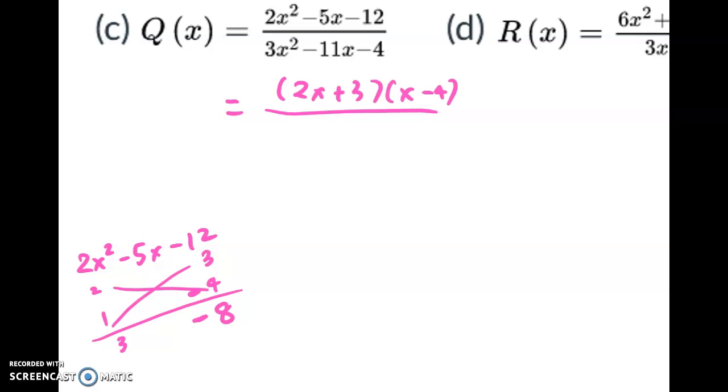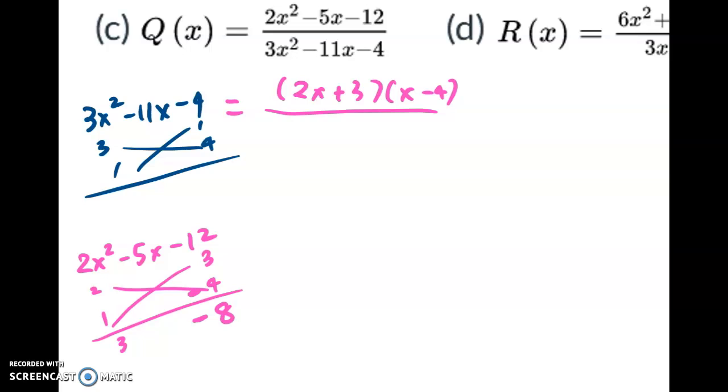Now let's factor this bottom. So the bottom is 3x squared minus 11x minus 4. This is more obvious, so it should be a 3 and a 1 here. Okay, so cross multiply. 3 times 4 is 12. 1 times 1 is 1. I need a negative 11.